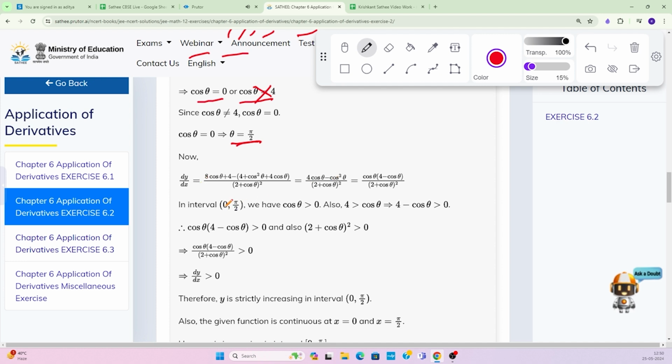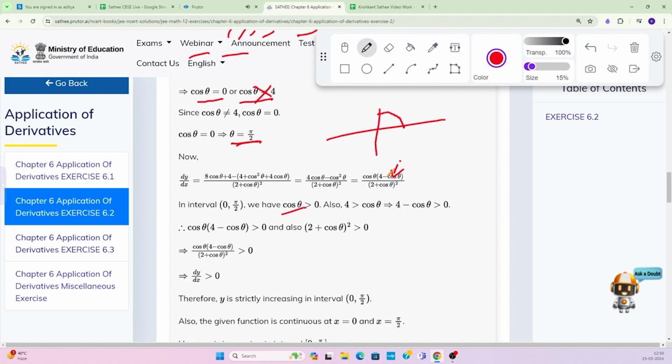If you try to see in the 0 to pi by 2 interval, using the graph, cos is what? The output is positive. This means cos theta is positive, and this thing is also going to be positive.